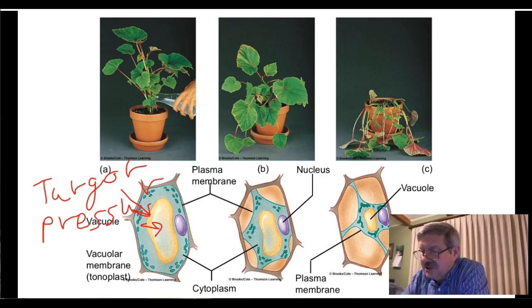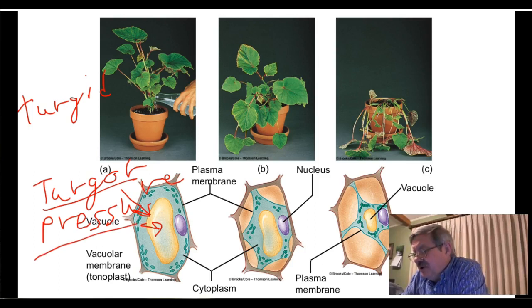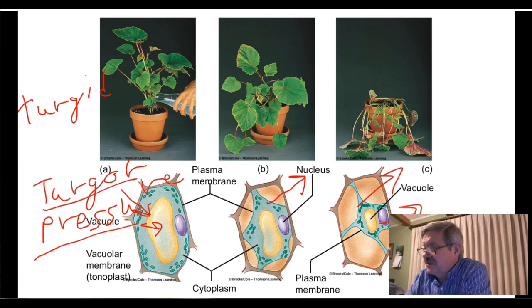So we'd say that these cells are turgid, which is just a fancy word for water filled, or that they have turgor pressure. And then as we allow the soil to dry, it starts moving from a hypo to an iso to a hypertonic solution, which actually pulls water out of the cells, and the contents of the cells shrivel up, undergo plasmolysis, and if that goes far enough, those cells die.